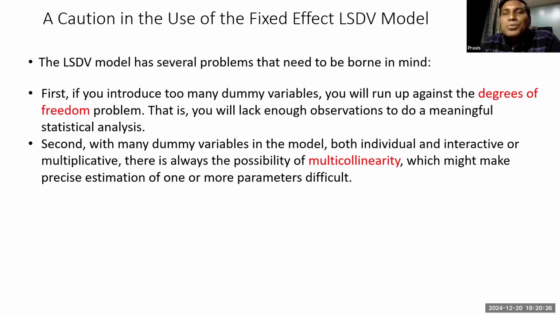So that can also lead to a problem which is called multicollinearity, right? If they are in the error term, then the exogeneity assumption gets violated. But if they are in the model, then they can create a multicollinearity problem, right?